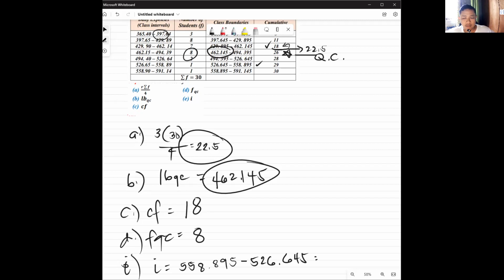Our classmates need to press it in the calculator so that we know what to do. Okay na? So the answer here is 32.25.